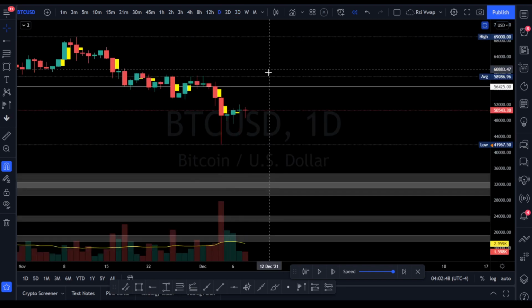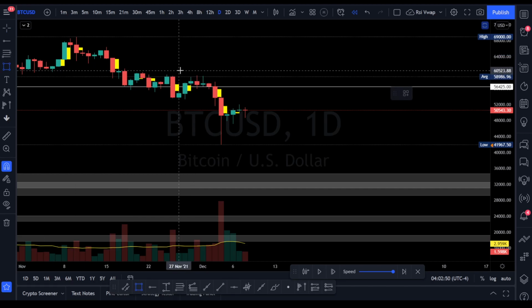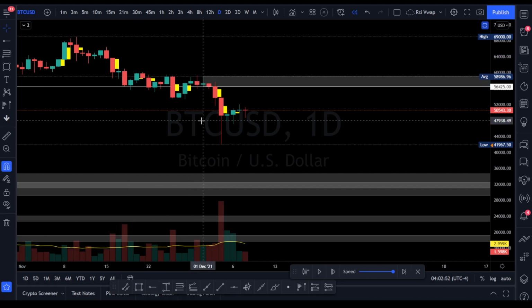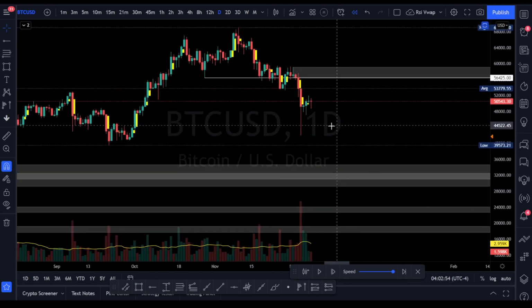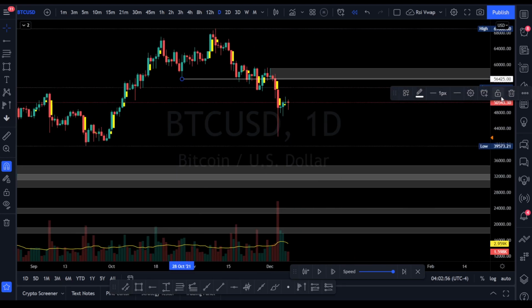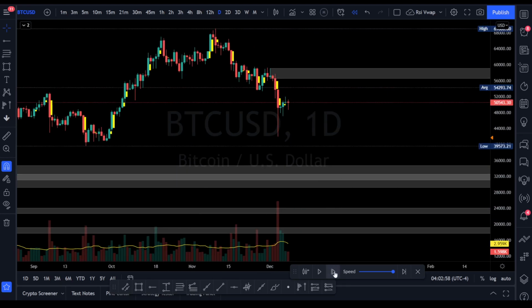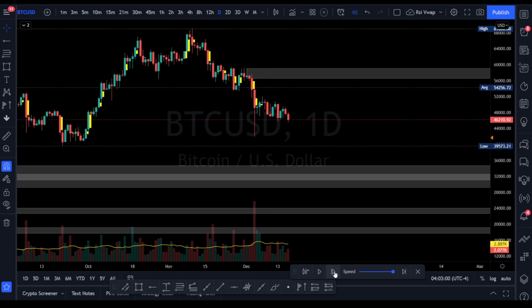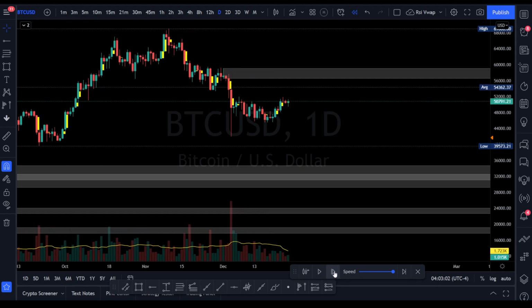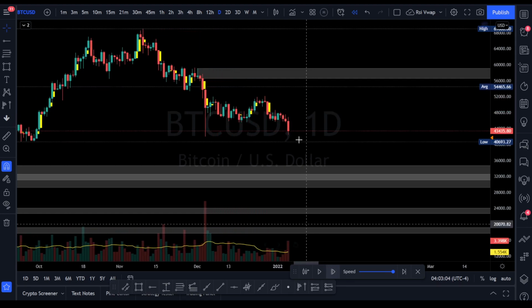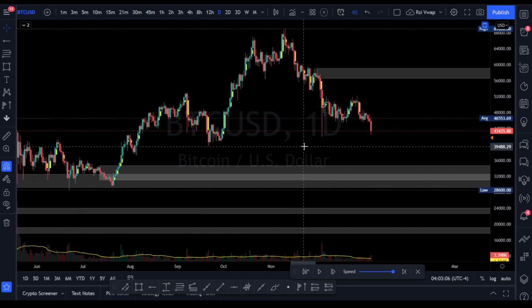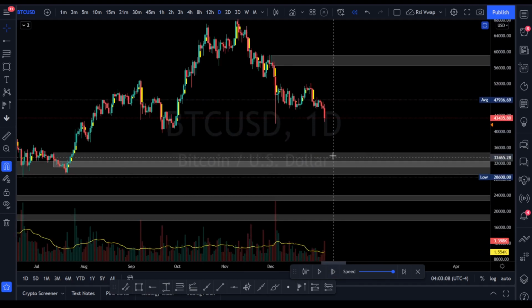Go back to the daily, and we do have an order block that's formed right there. We can get rid of this, and we'll let this market play out a little bit, because this is our levels between here and here. We'd be looking to set up buy orders right in about this range here.